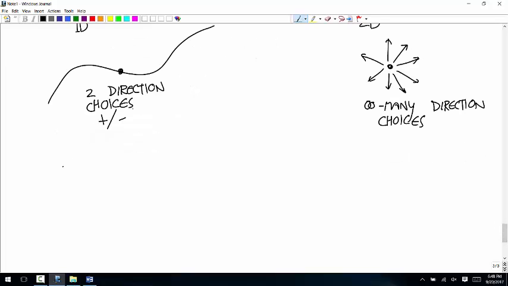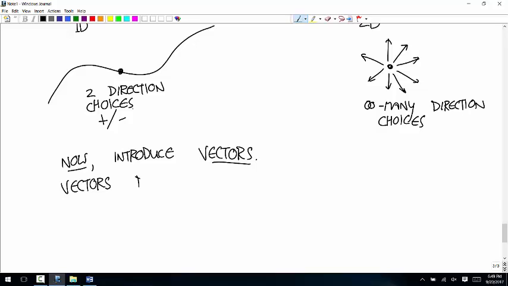And so now we introduce this idea of vectors. And vectors do in 2D and 3D what signed numbers did in 1D.